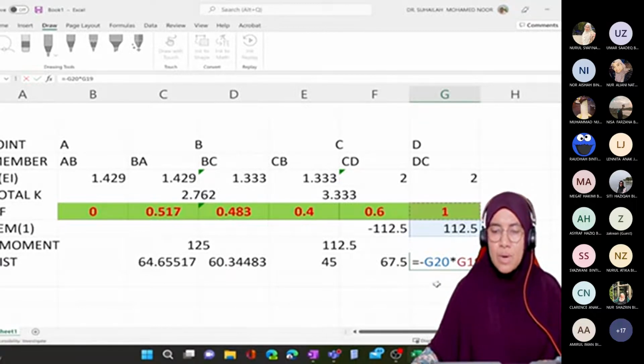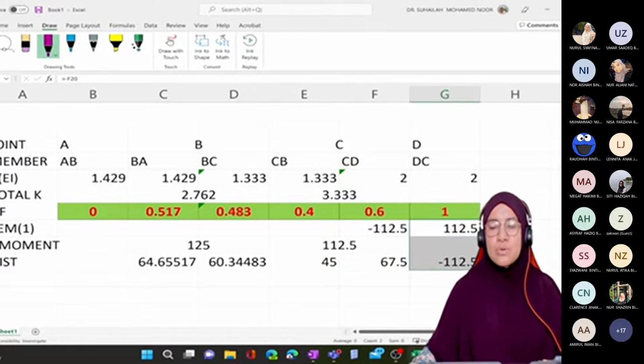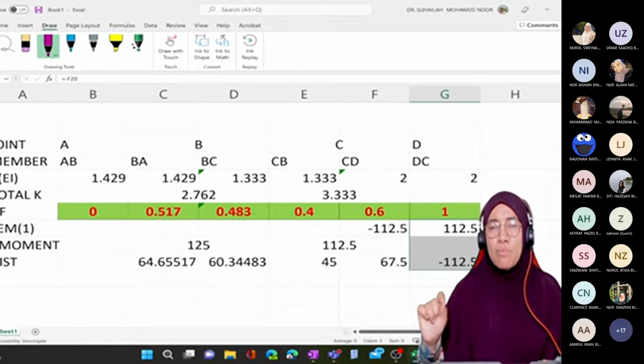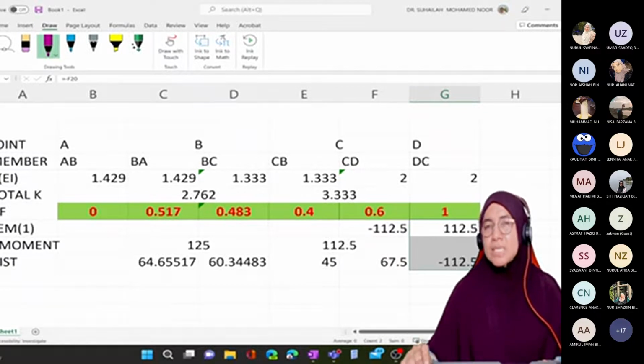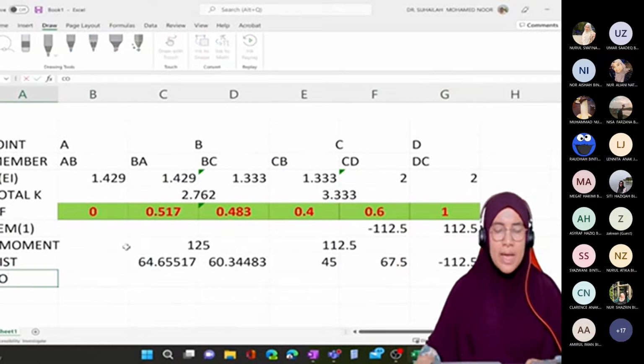What I get is negative 112.5. So the total is 0, representing the roller and pin end, where the moment at the pin end is equal to 0. Only then do we carry over.